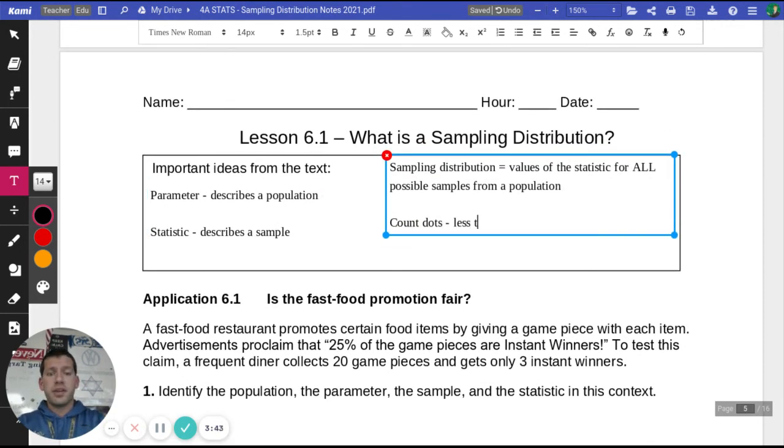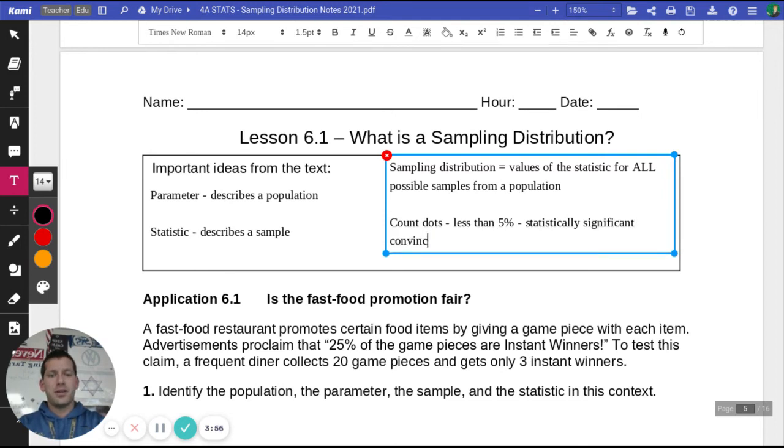And if we see something that happens less than 5% of the time, that's going to be statistically significant, convincing evidence. For the most part, that's going to be our baseline: is it greater than or less than 5%.